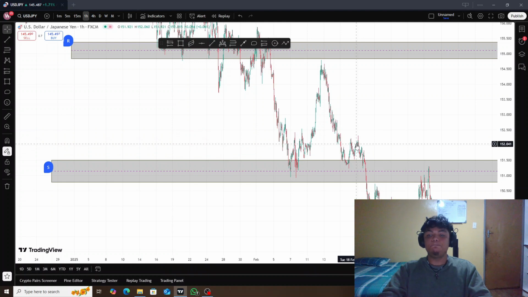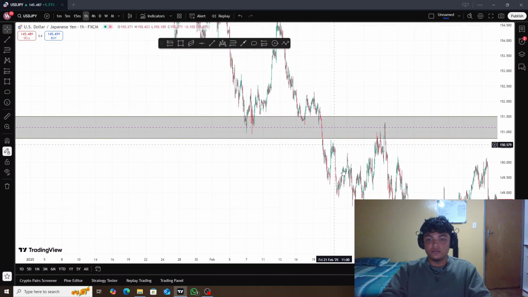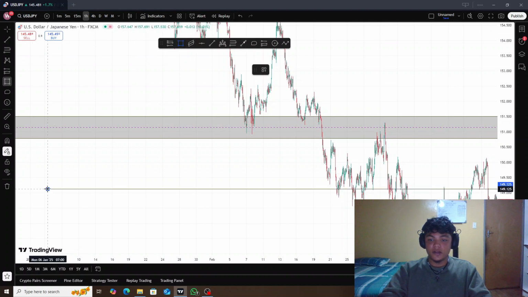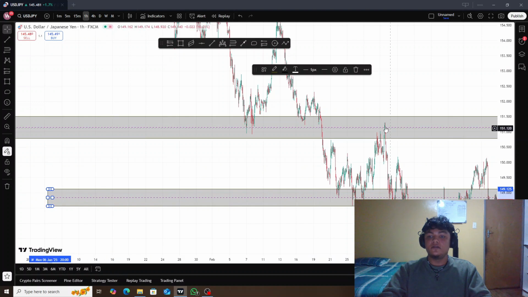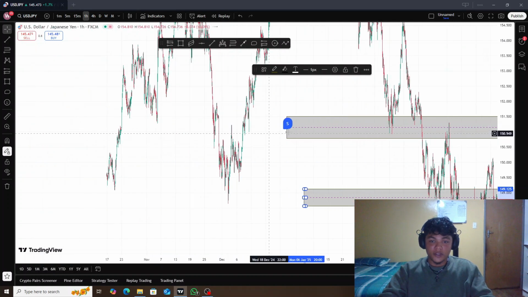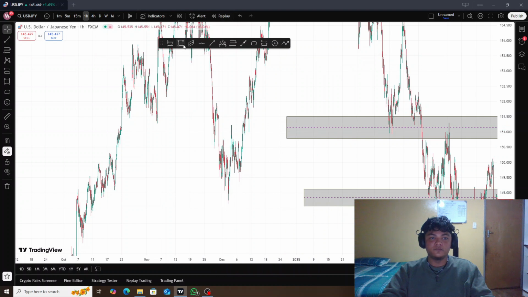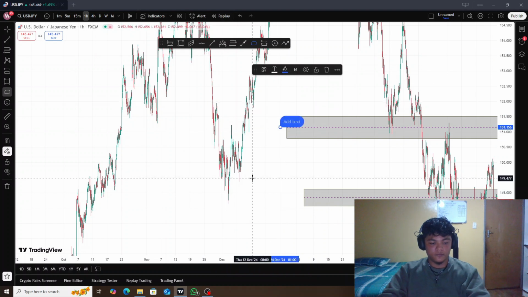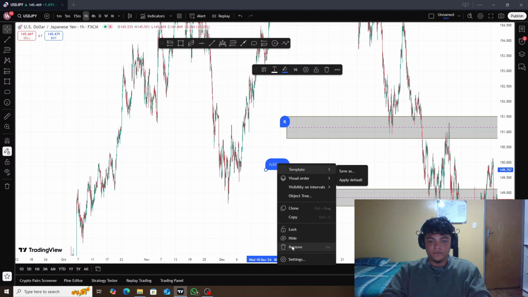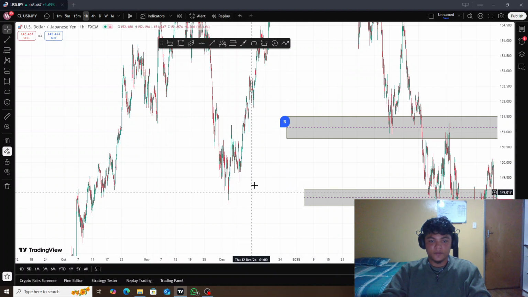The market pushed through the support, came up to retest the support level, and as soon as the market reacts downwards from this level, it's not support anymore. It's now called resistance. This would be support.